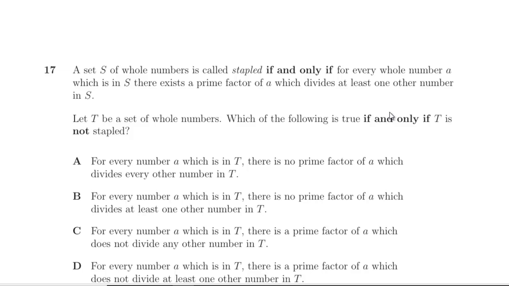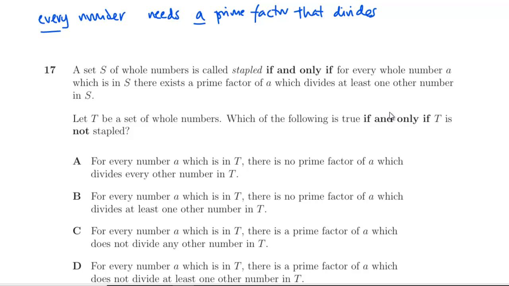So it's a set of whole numbers. Right, so it's stapled, so we need every number. That's one thing. And there needs to be a prime factor of that number which divides another number.